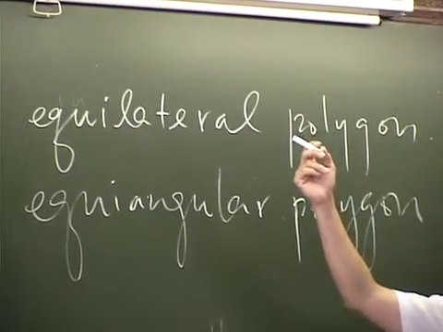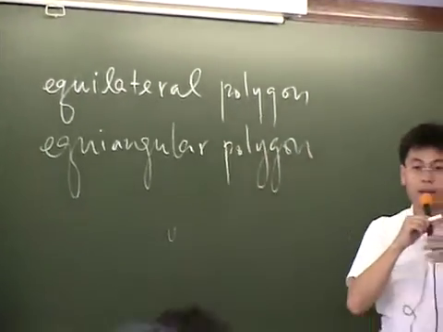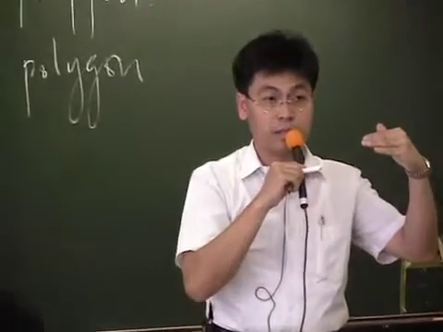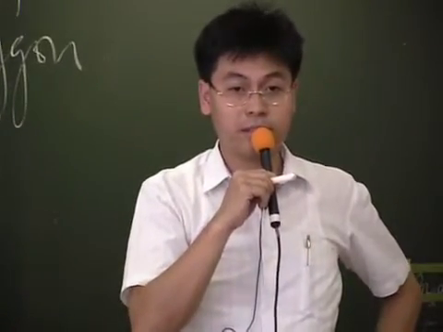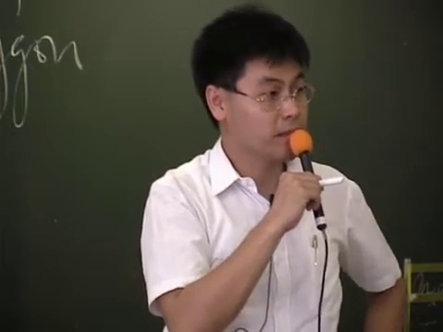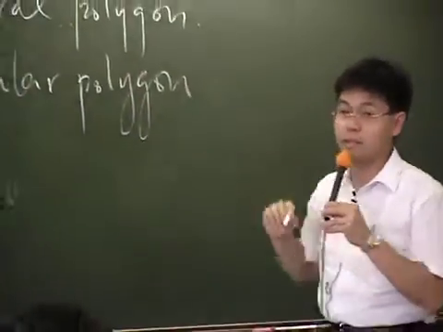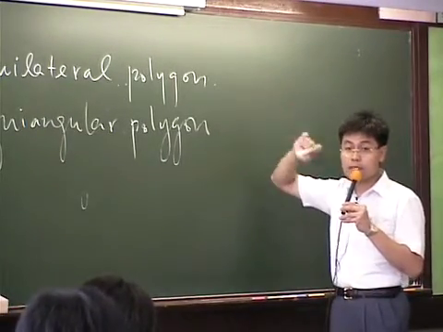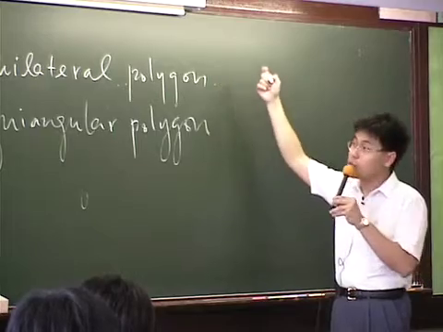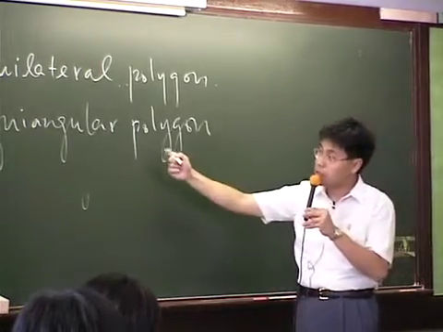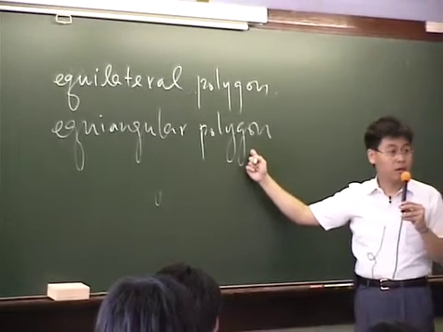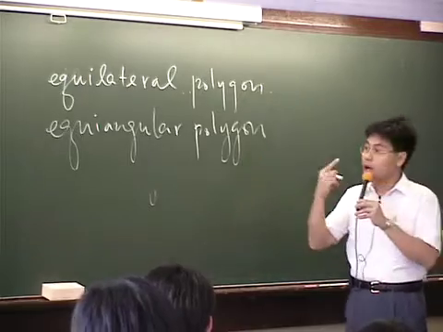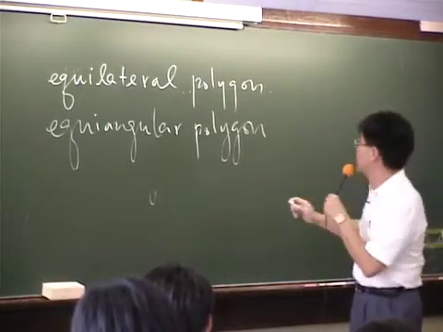I give you some time to think. I give you some hint. All the sides are equal. All the sides of the polygon are equal. How about an equiangular polygon? All the angles are equal. Get it?